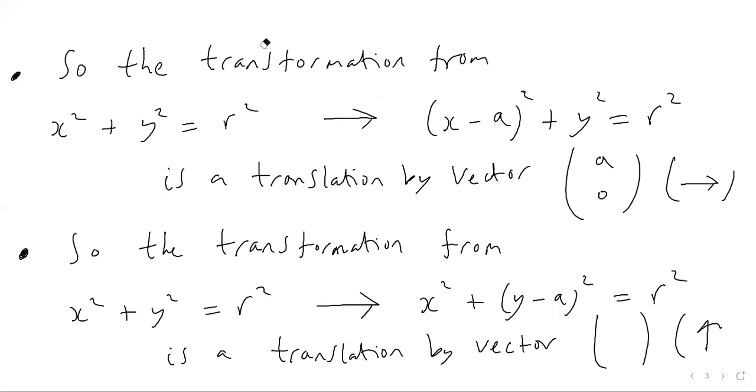This is now a translation upwards, by the vector (0, a). Sorry, let me change the size of my pen. There we go. So this is going upwards. We're affecting the y coordinate, and because we're subtracting from the y coordinate, it means our new y coordinate will be a units bigger than before. So kind of what we mentioned when we talked about graph transformations, this is going up this time. Sorry for the mistake there.